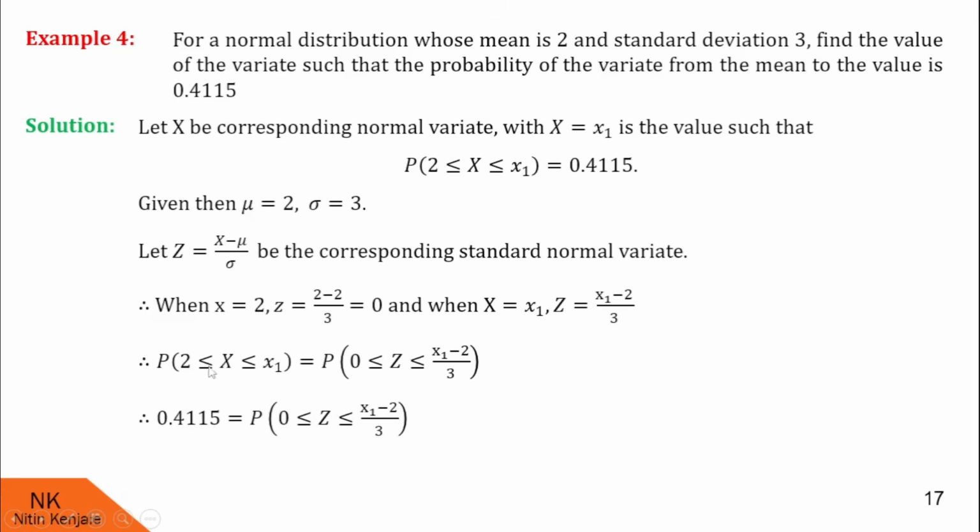Therefore, the probability of x between 2 and x1 can be written as the probability of z between 0 and x1 minus 2 upon 3. But given that the probability of x between 2 and x1 is 0.4115, this is equal to the probability of z between 0 and x1 minus 2 upon 3. This can be written in terms of area. So the area from z equal to 0 to this point is 0.4115. So let us search the standard normal distribution table where we find the area 0.4115.